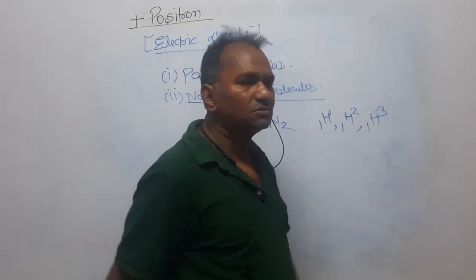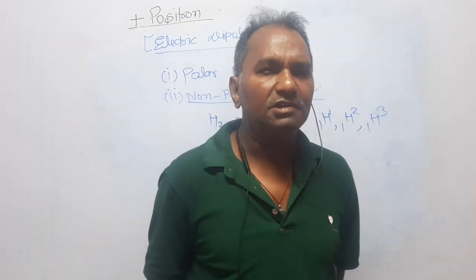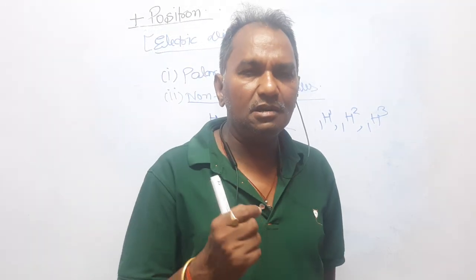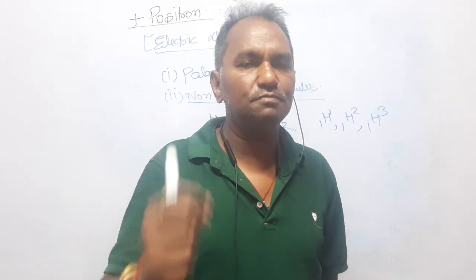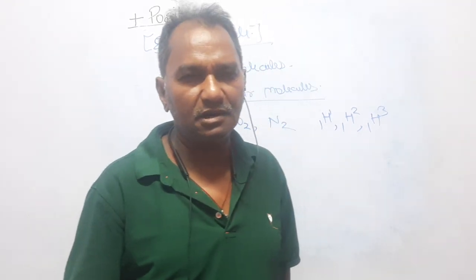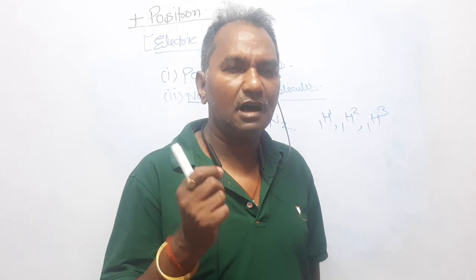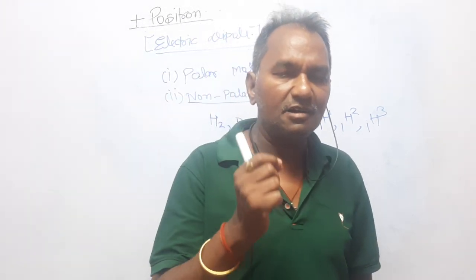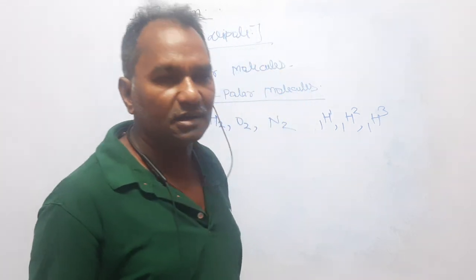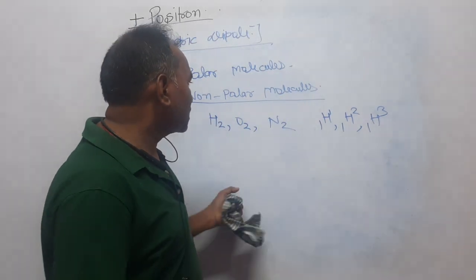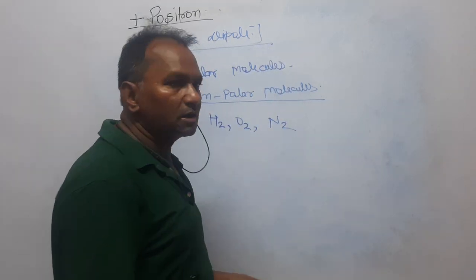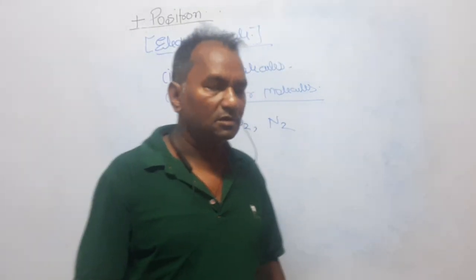Dear students, 1H2 forms the famous D2O, heavy water, used as a moderator in nuclear reactors. Moderator means the material used to slow down the speed of neutrons. Now, dear students, let's come back to our topic, the non-polar molecules.